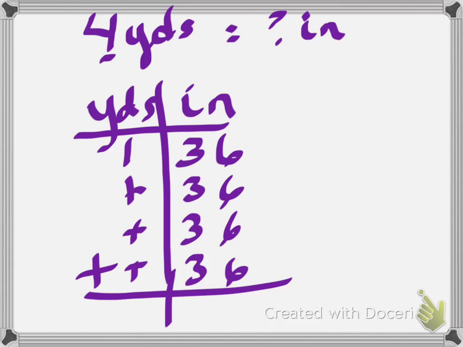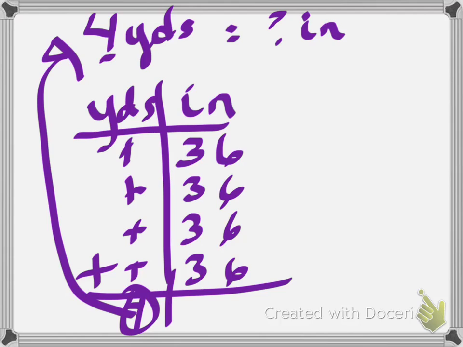We have 1, 2, 3, 4 yards, and 1, 2, 3, 4 sixes. 4 groups of 6 is 24. And then we have 1, 2, 3, 4, 5, 6, 7, 8, 9, 10, 11, 12, 13, 14.